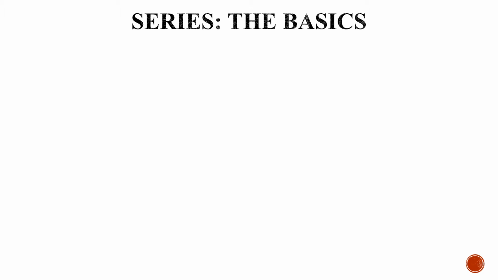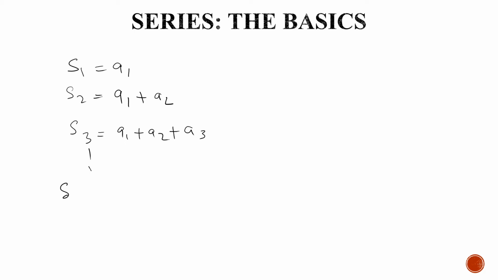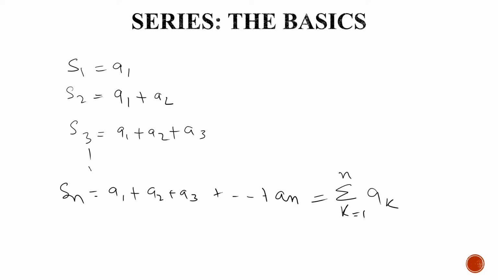Now if I define the sequence S1 equal to a1, S2 equal to a1 plus a2, S3 equal to a1 plus a2 plus a3, and so on, and Sn will be a1 plus a2 plus a3 till an, which you can write as the sum of ak for k from 1 to n.